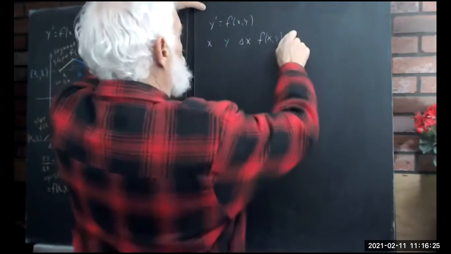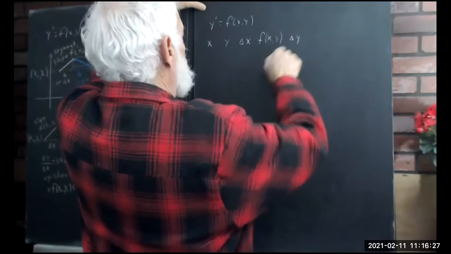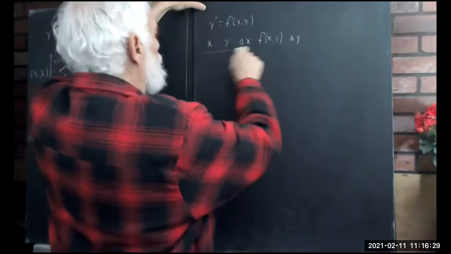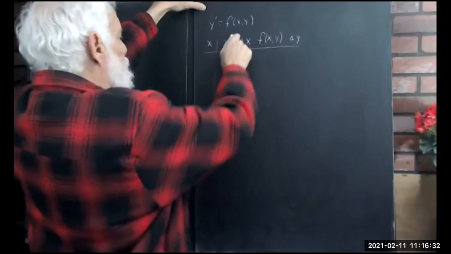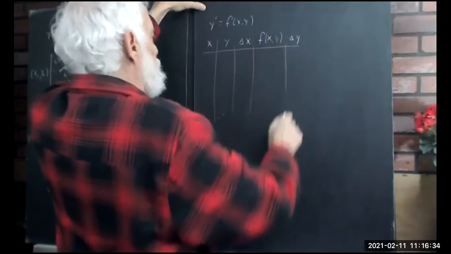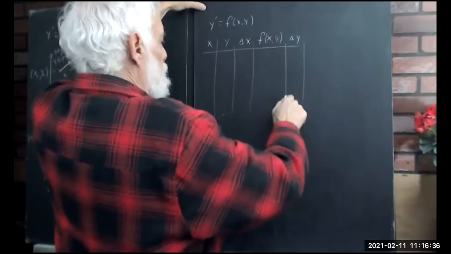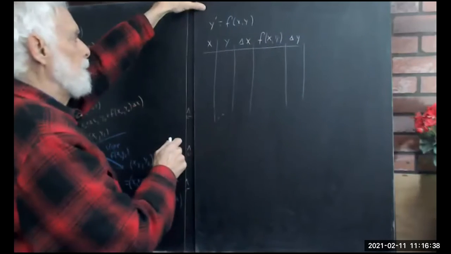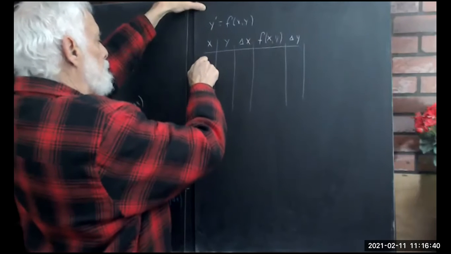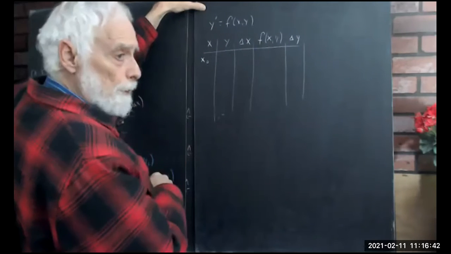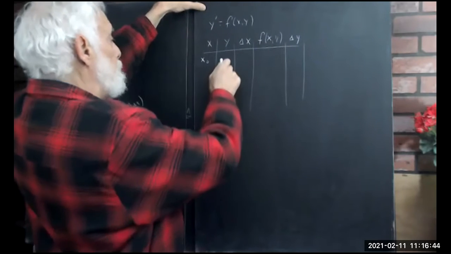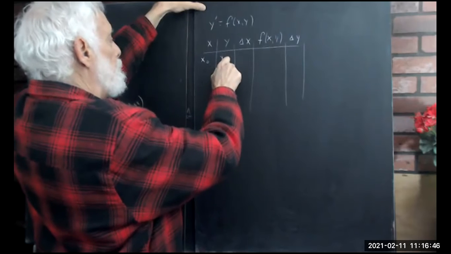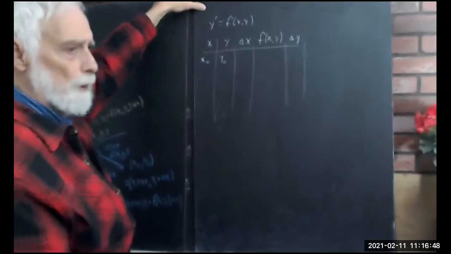We're going to have f of x, y, and delta y. X is going to be x naught. Y is going to be y naught.